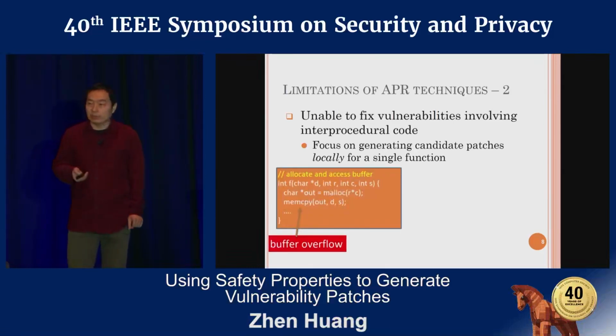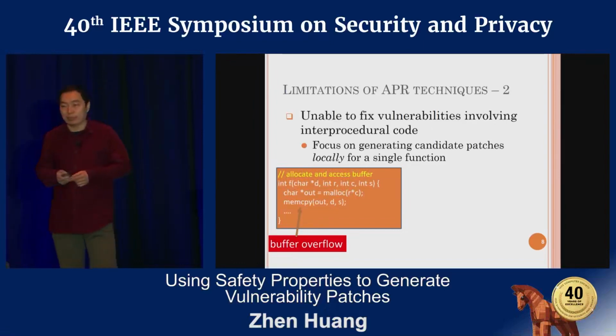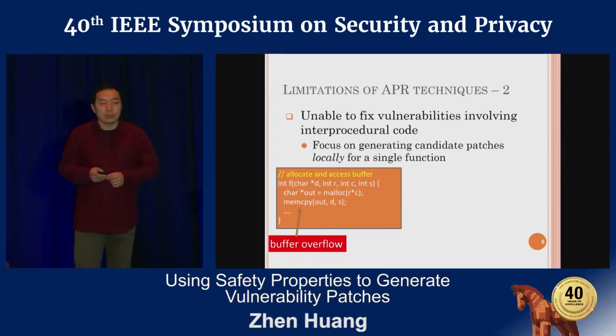For simple code, like this example, where the allocation of the buffer and the access of the buffer occur in the same function, they may be able to generate a patch that would check whether the range of access is within the bounds of the buffer.